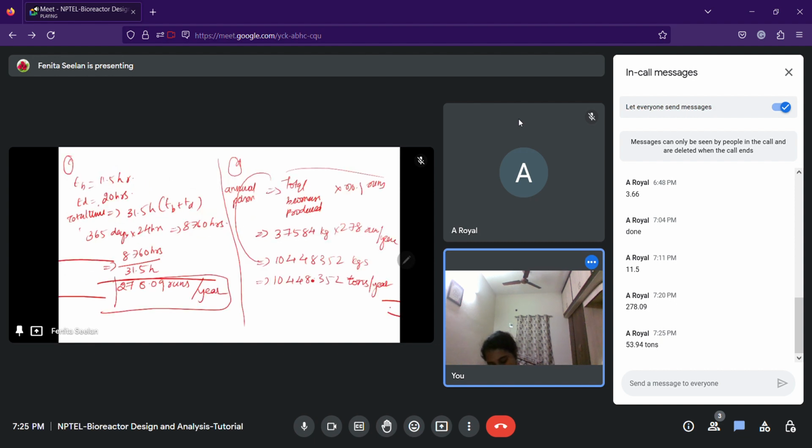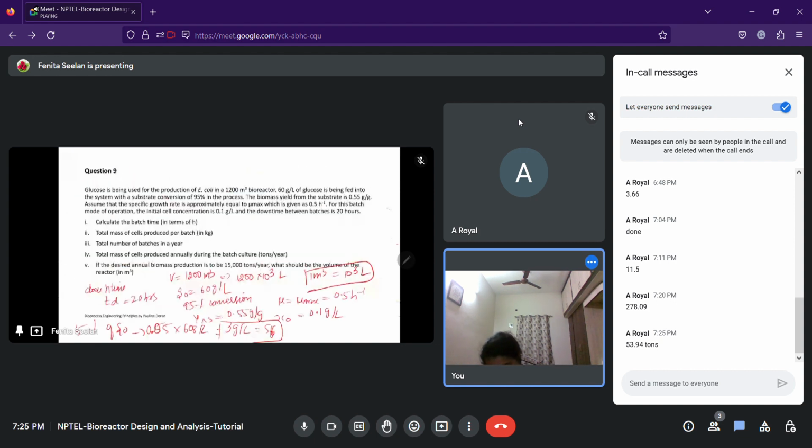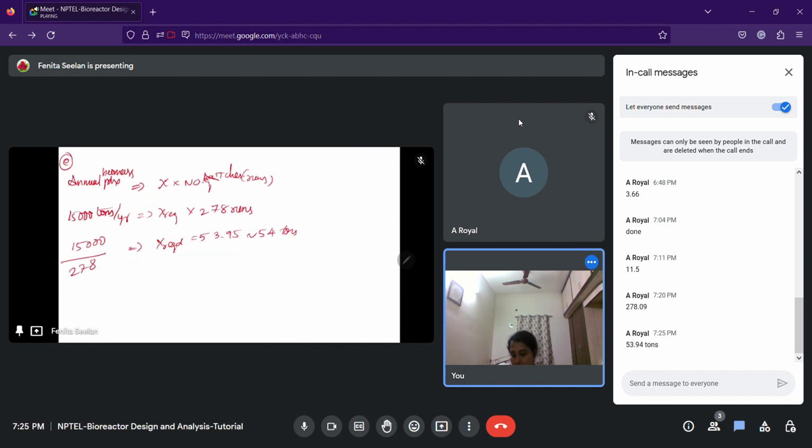So our X value would be 54 tons. If 54 tons of biomass has to be produced, then how much volume is required? The same formula as before. X required is equal to xf minus x naught into volume.